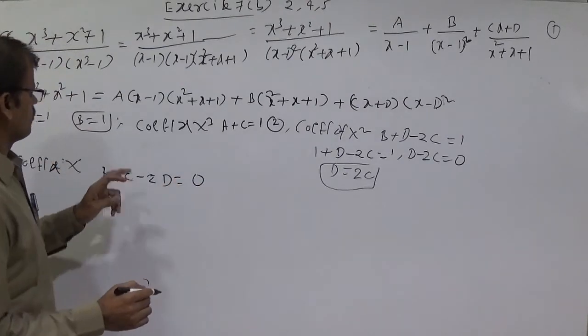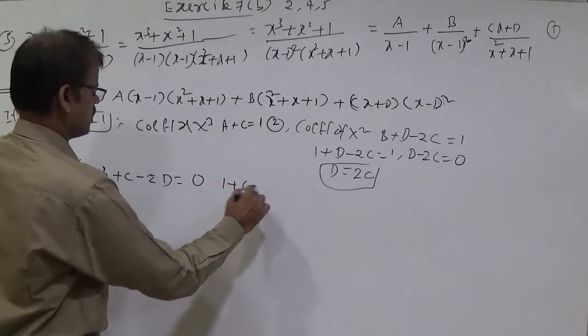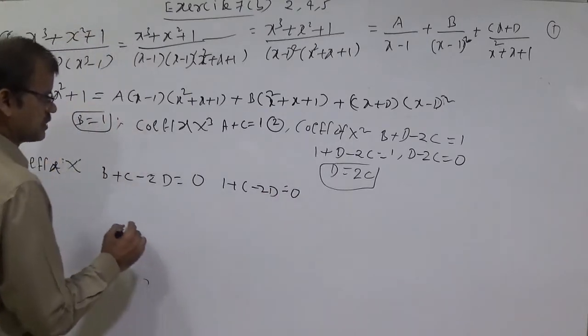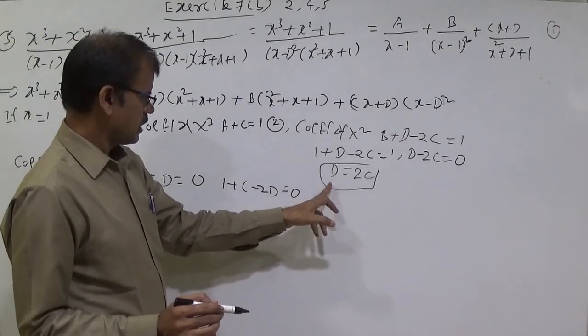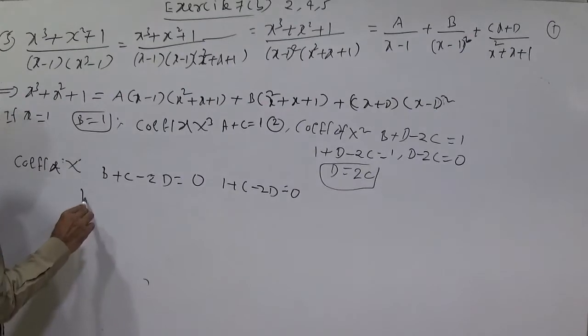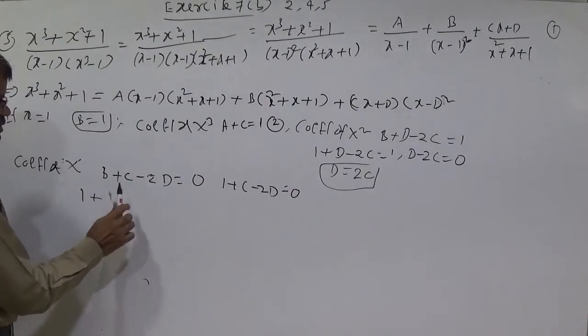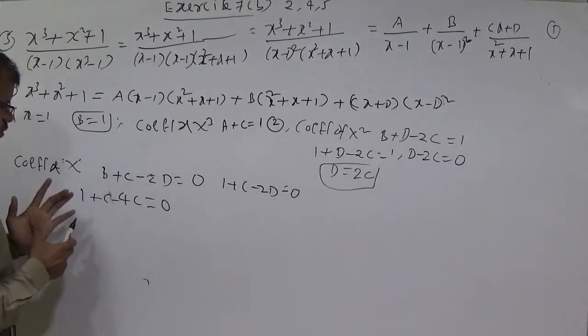Whatever the value of B we got as 1, so 1 plus C minus 2D equal to 0. Instead of D you write 2C. Better to write 1 plus C minus 4C equal to 0.